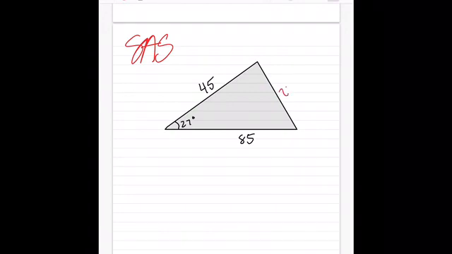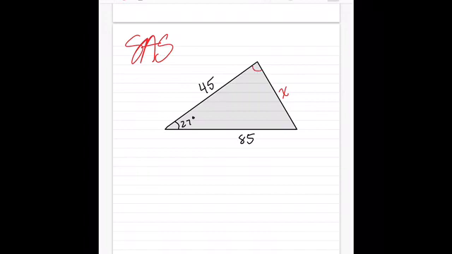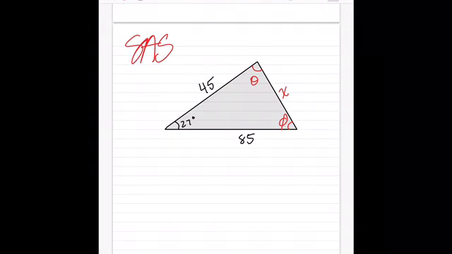We're going to call this X. We'll call this angle theta, and this is angle phi. Now I know I'm probably blowing your mind with all of these weird letters.